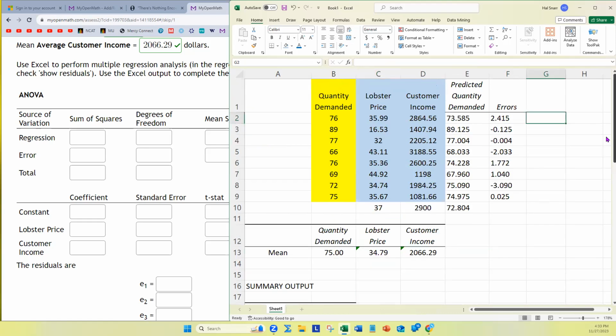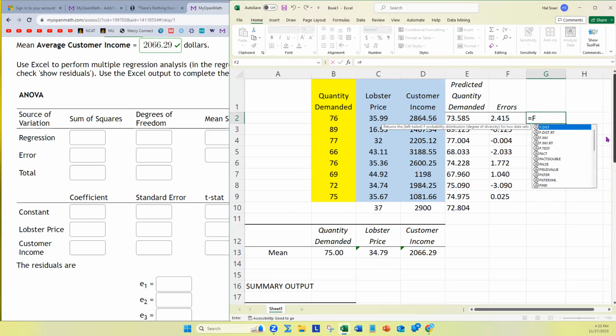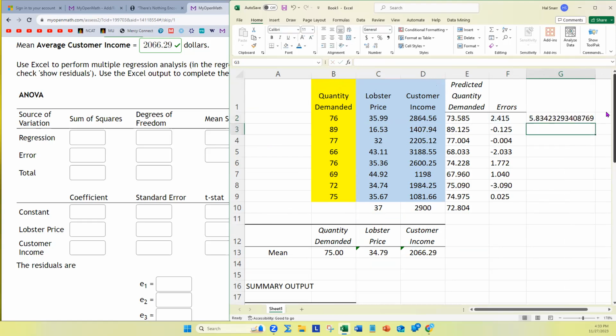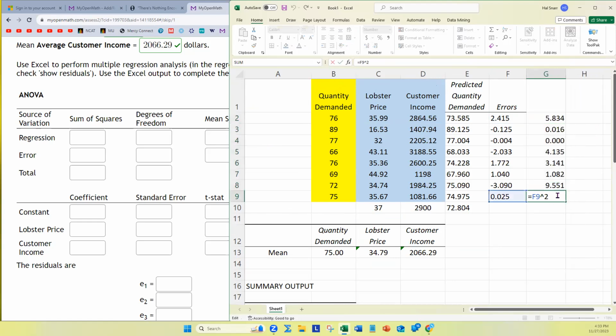Well, all I do is I square the errors, right? Square the errors, square the negative signs. Square all the errors, right? And then what?